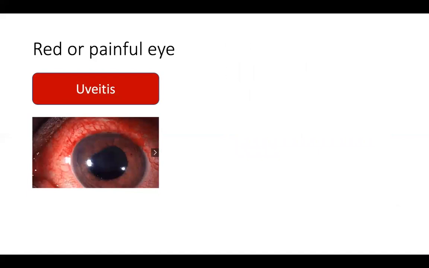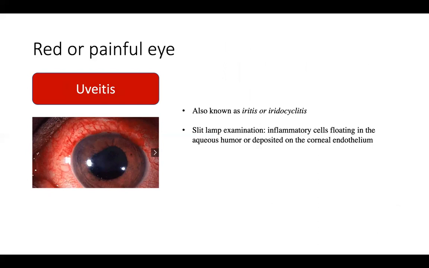Uveitis, because it involves the anterior structures of the eye, is also called iritis or iridocyclitis. The diagnosis requires slit lamp examination to identify inflammatory cells floating in the aqueous humor or deposited on the corneal endothelium called keratic precipitates.